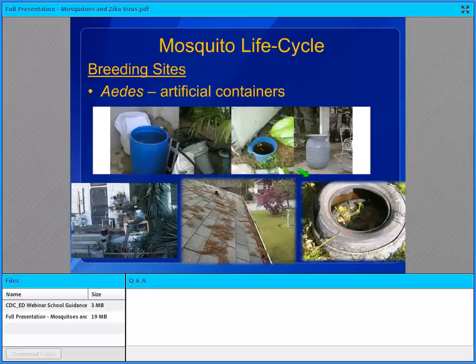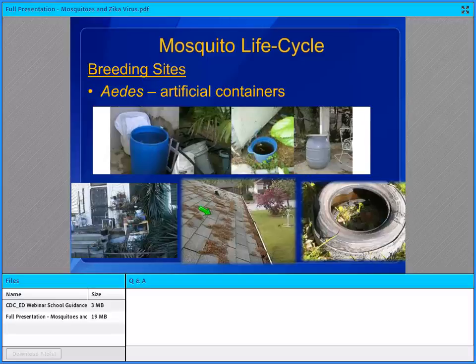Infamous for Aedes breeding site are used discarded tires. It's a particular problem in some other developing countries throughout the Caribbean where they have a great dependency on used tires that come from America. But you can see other artificial containers: flower pots, watering cans, buckets.